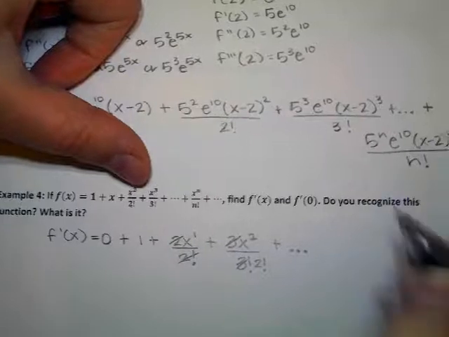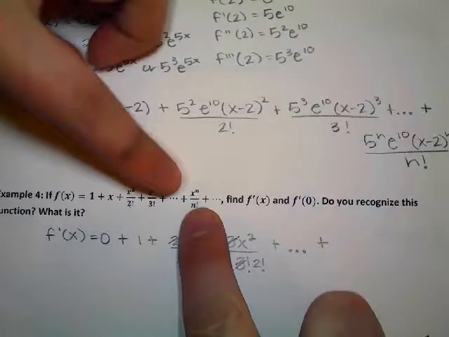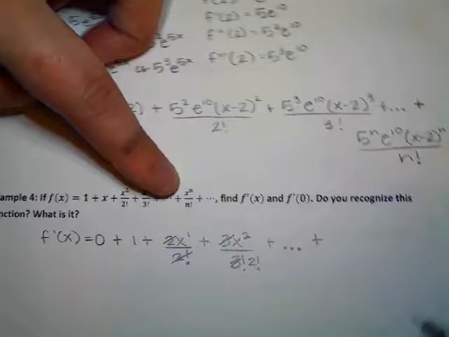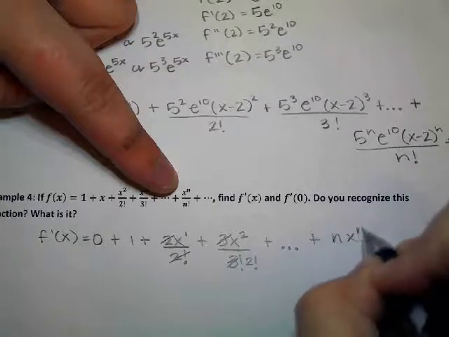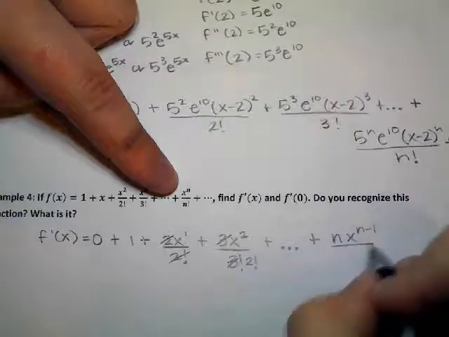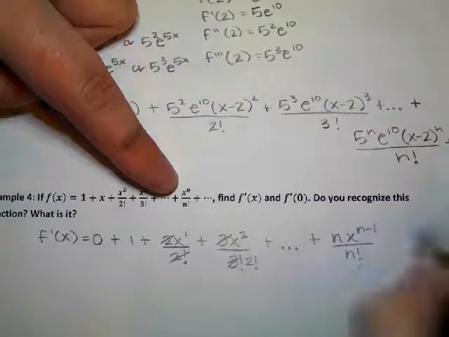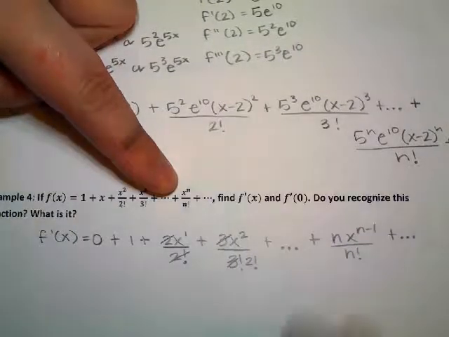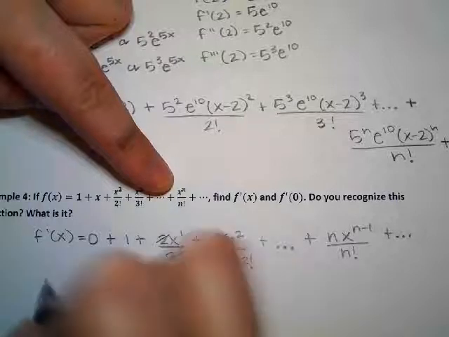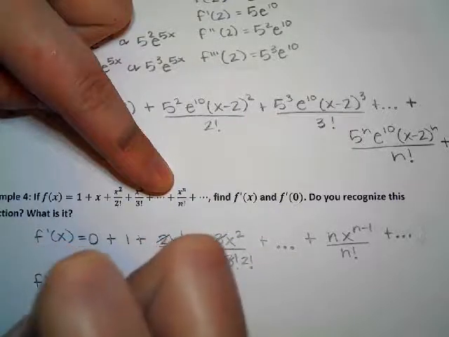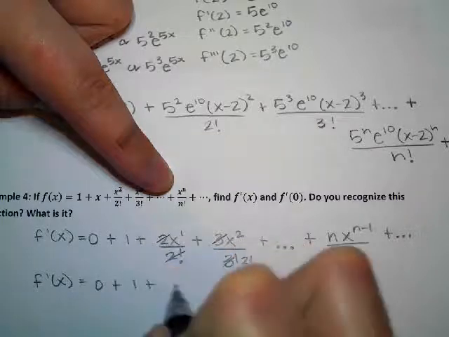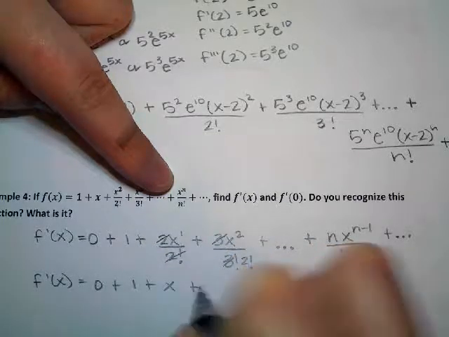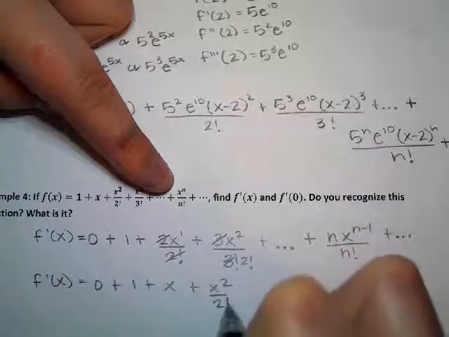Plus, and then what's the derivative of x to the n over n factorial? Okay, so if we were to simplify this, we would get 0 plus 1 plus x squared over 2 factorial plus dot dot dot.